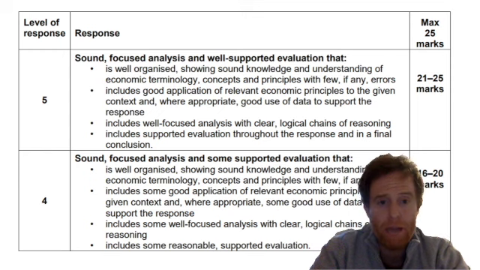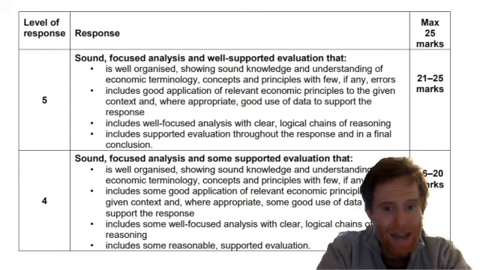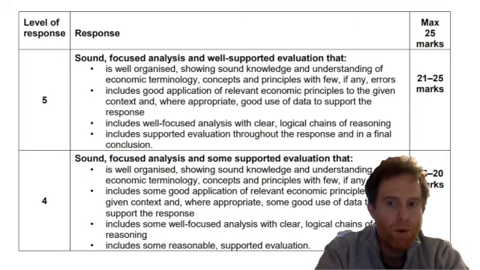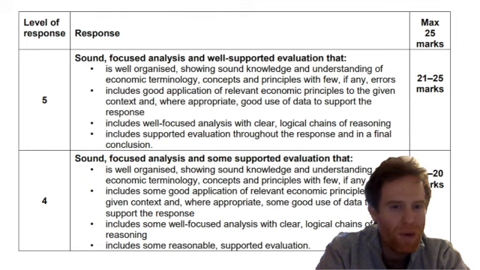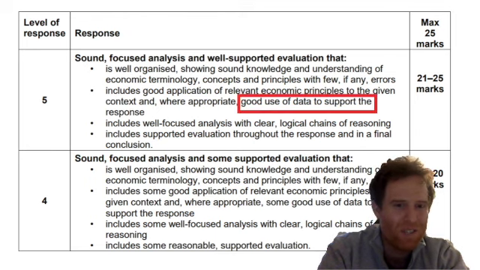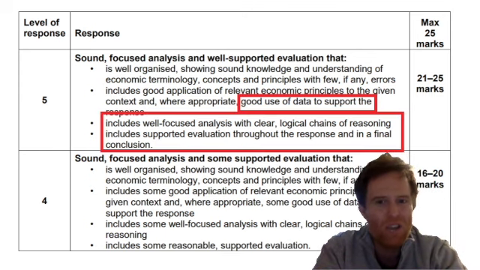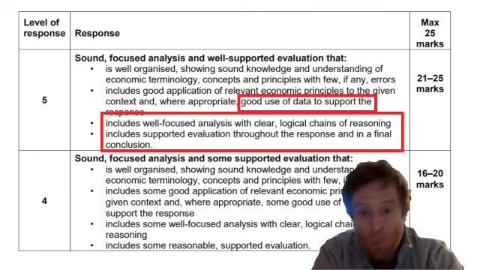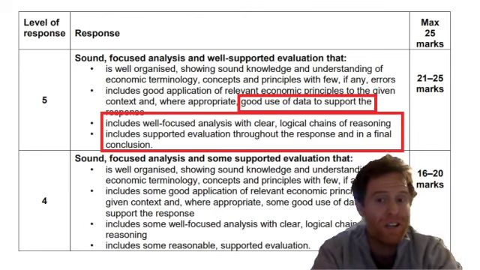Right, okay, so when we're looking at the mark scheme, we're focused on level 5. We're aspiring for that level 5, between 21 and 25 marks, but actually the difference between level 4 and 5 is not that much. For example, it says good use of data, it says includes well-focused analysis with clear logical chains of reason. It says includes supported evaluation throughout the responses and in a final conclusion.